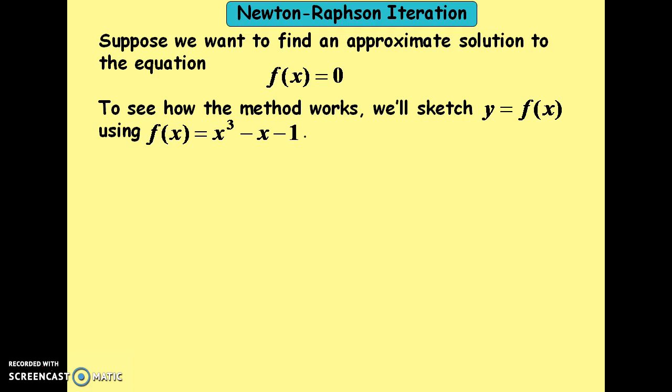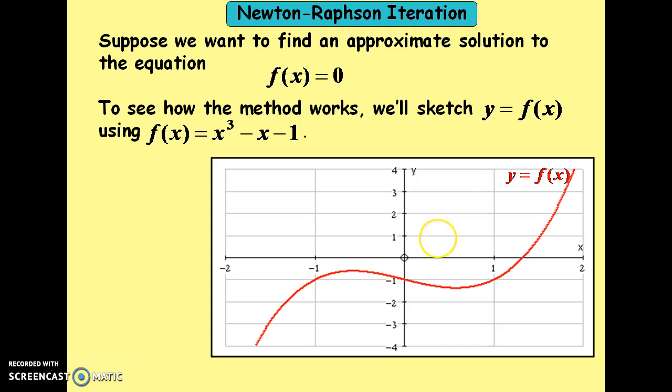We sketch y = f(x), assuming f(x) is x cubed minus x minus 1, and the plot shows that the curve y = f(x) cuts the x-axis between 1 and 2. Suppose the root of this equation is alpha; that means the cutting point lies between 1 and 2.